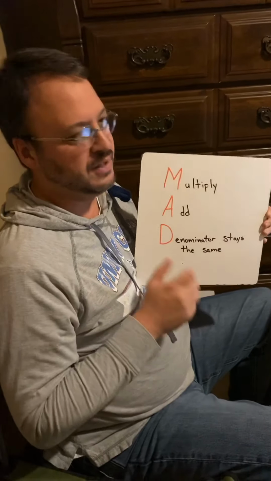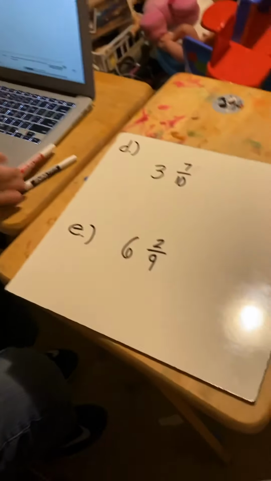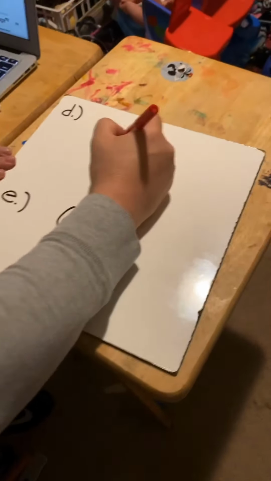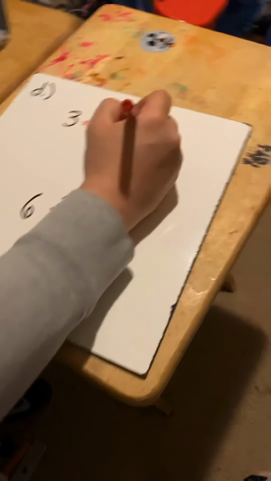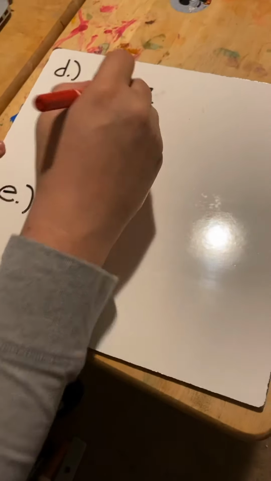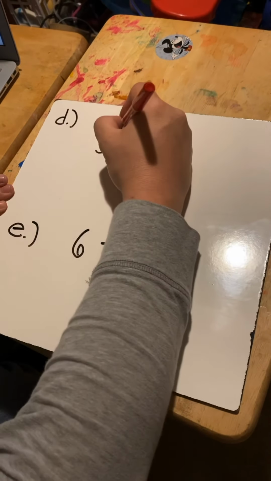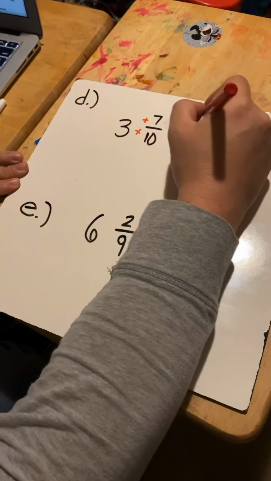Well, this should be a pretty easy lesson for you. Let's go ahead and get mad at these problems. The first thing I want to do is look at D. This is problem D on your page. We're going to multiply. I'm going to start right here at my denominator, and multiply that times 3. And we know that 10 times 3 is 30. Then I'm going to add my 7, which is my numerator.